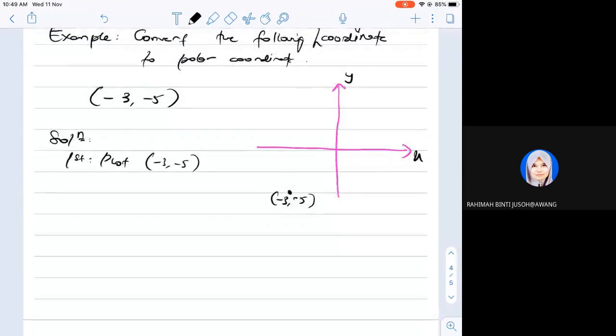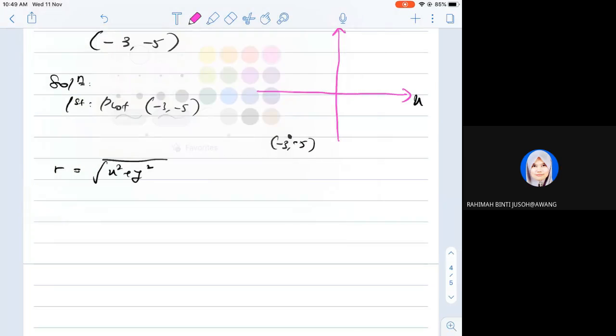Okay, now let us calculate the value of r. Okay, r equals the square root of x squared plus y squared. Okay, so we know already that this is our x and this is our y. So just substitute into the formula, we will have the square root of -3 squared plus -5 squared.